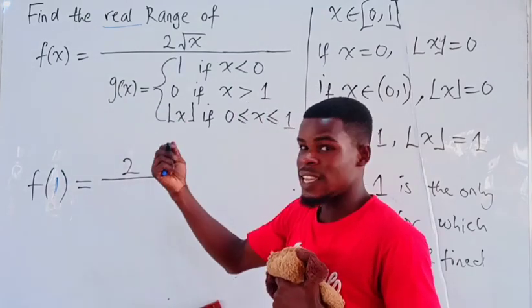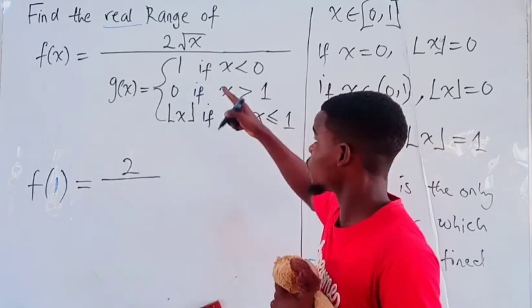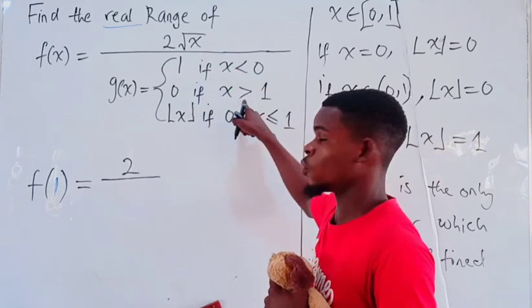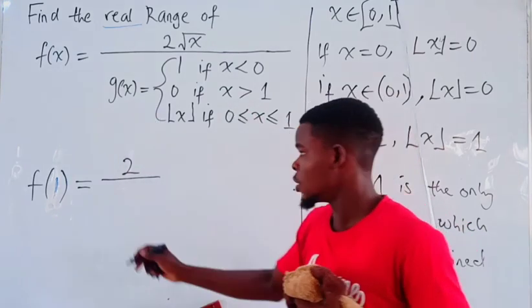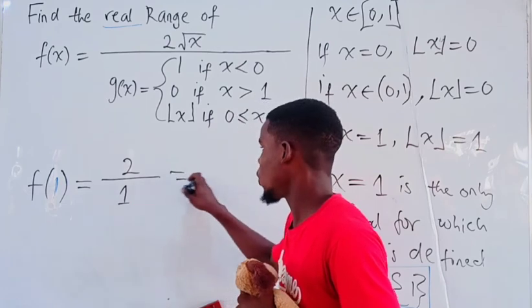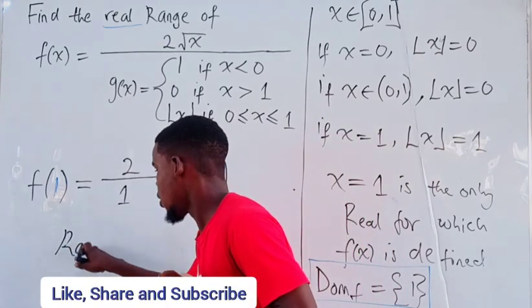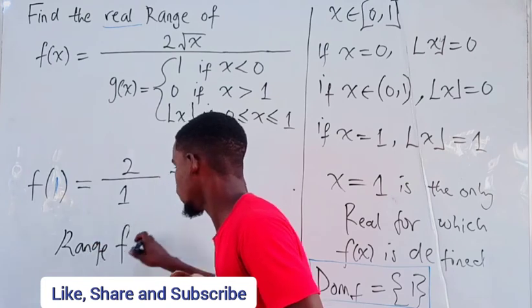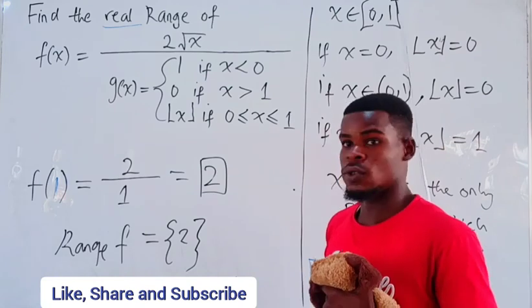Now, since x is 1, 1 is not less than 0. We do not come here, rather we come here. g of 1 will be the floor function of 1, which is just going to be 1. And then all in all, we end up with 2. So this right here means that the range of the function is going to be the set containing only the element 2. So the range also is a singleton.